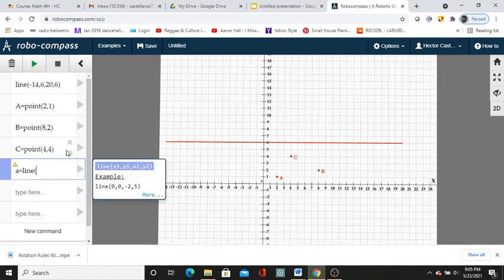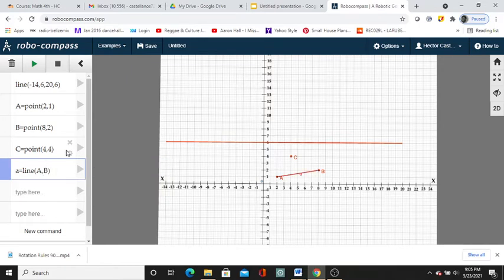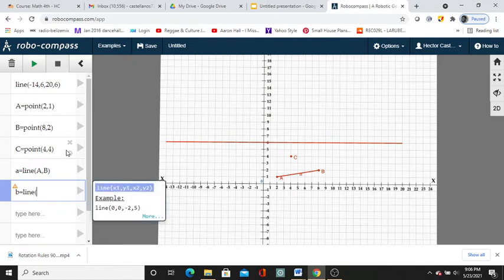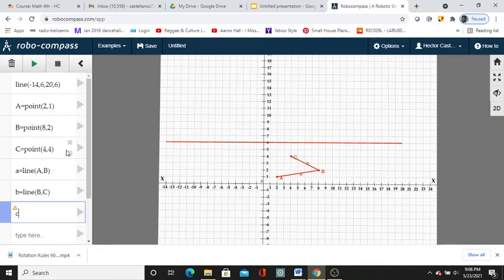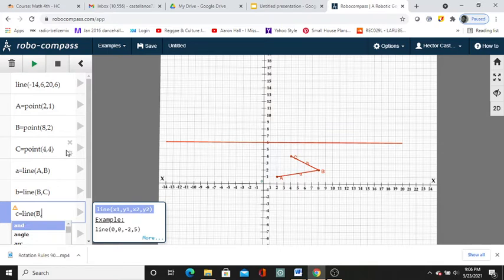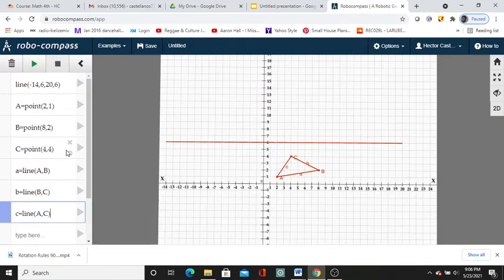This line is A and B. Then B and C, and then the side A and C. So we have our shape there.